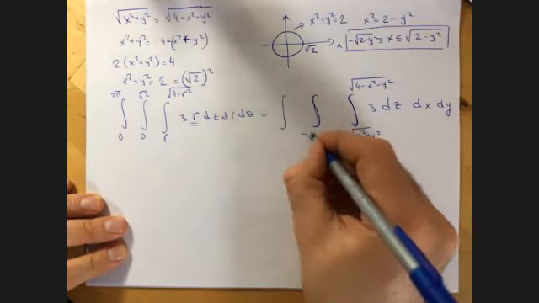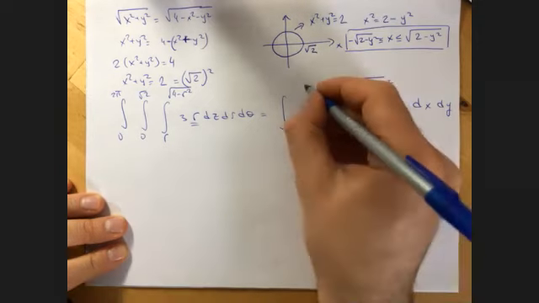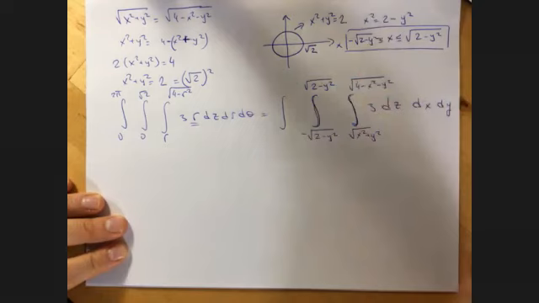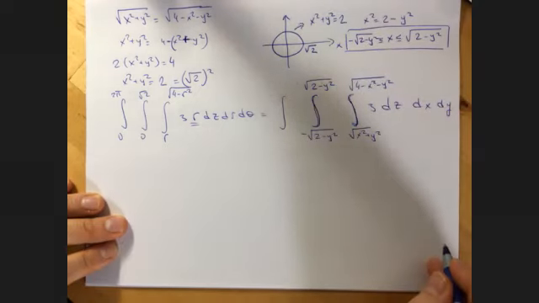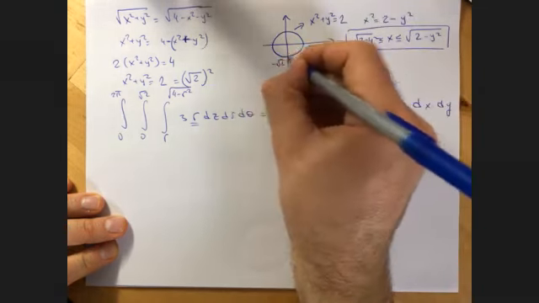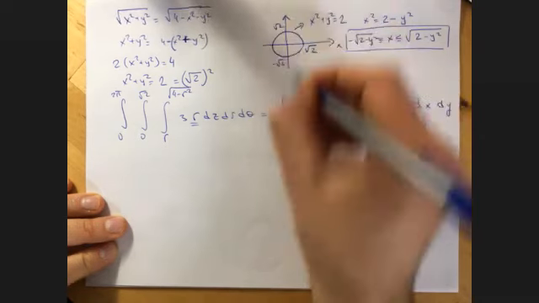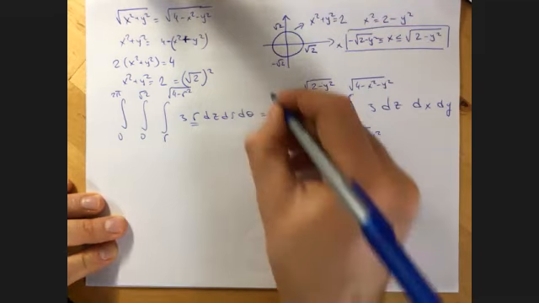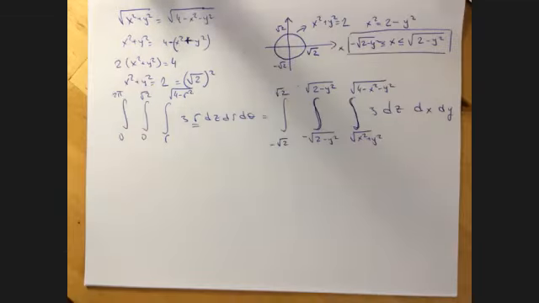So from negative square root of 2 minus y squared to square root of 2 minus y squared. And finally, y goes from negative square root of 2 to square root of 2. This is the answer to part A, when I have expressed this in terms of rectangular coordinates. Any questions?